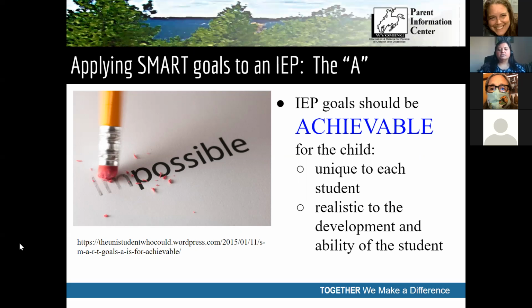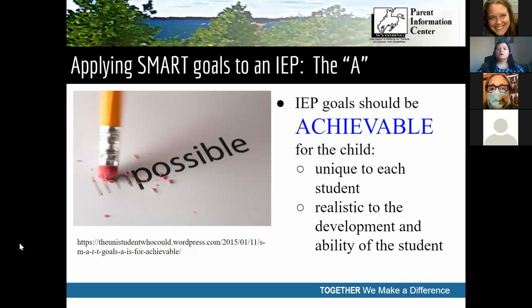So every special needs child is different, they're unique. And just because a goal might work for one child doesn't mean it's going to work for another child. Each goal that you write needs to be unique to that specific child. It needs to be realistic for that child. It needs to be something that they can attain.